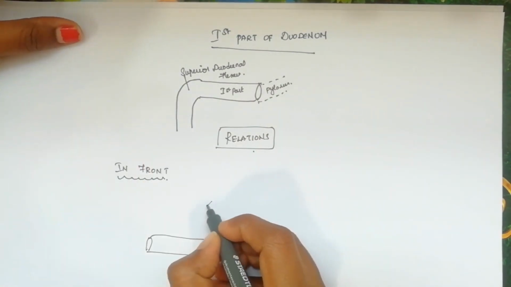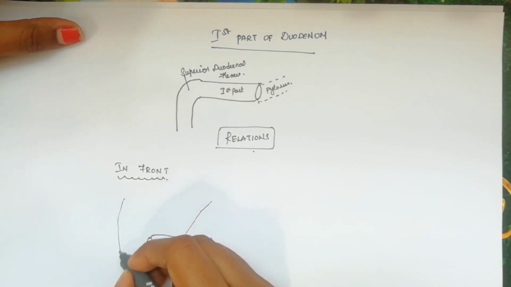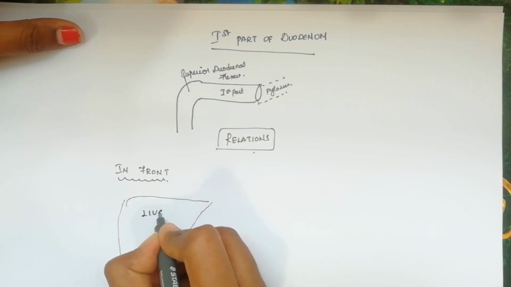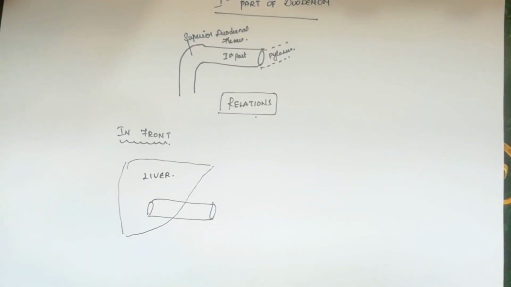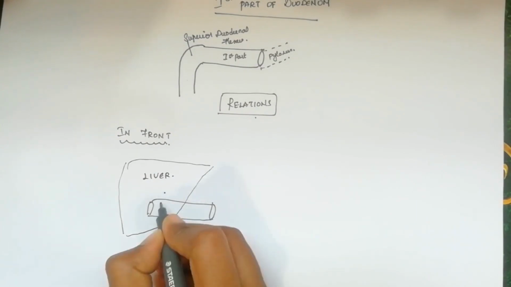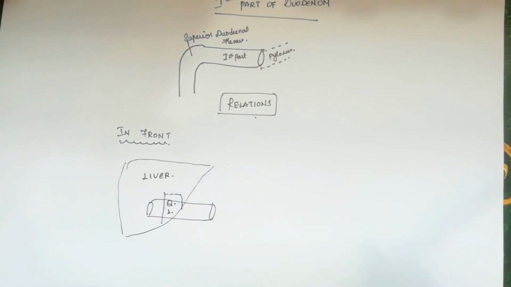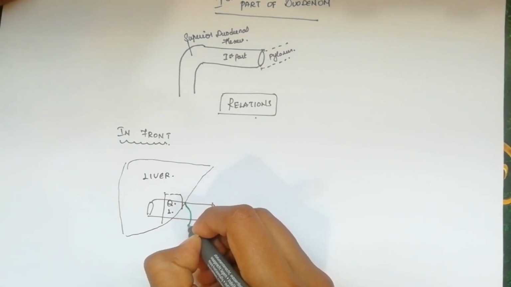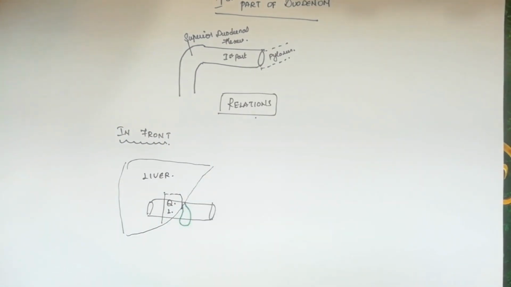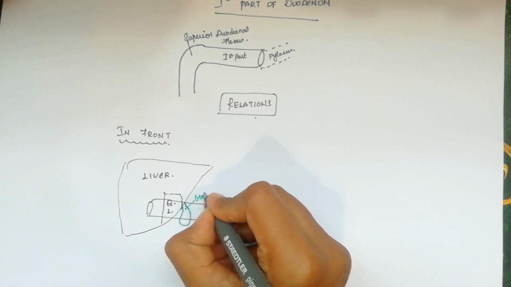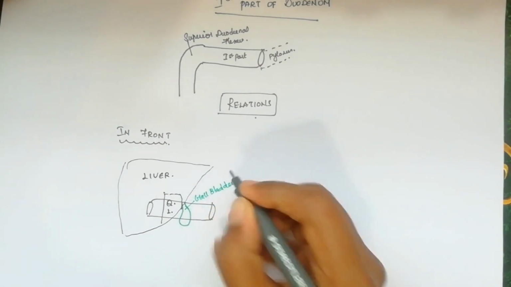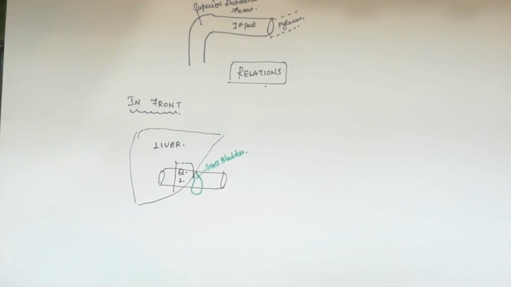We have the liver over here, and in the liver the part related over here is the quadrate lobe of the liver, with the fossa for the gallbladder. The gallbladder extends from the liver, and the neck and body of the gallbladder are related to the anterior aspect of the first part of the duodenum. So these are the two relations seen in front of the duodenum.